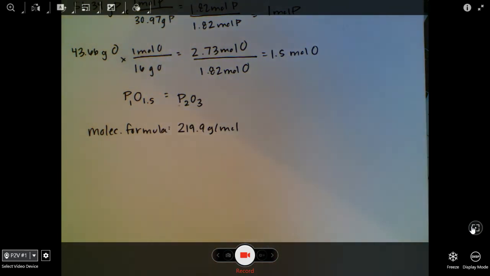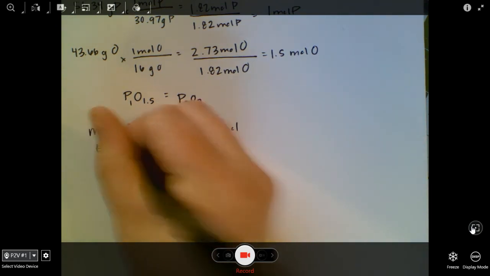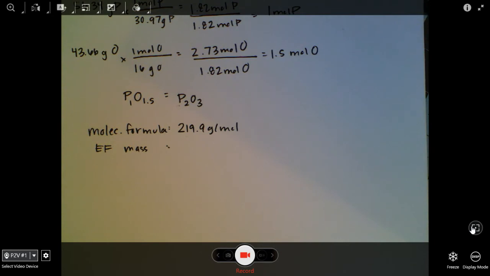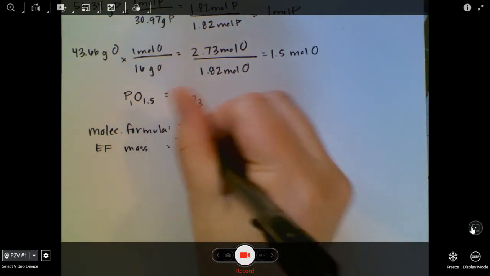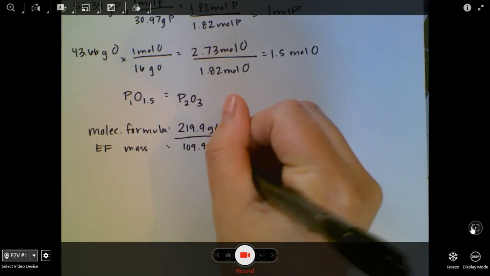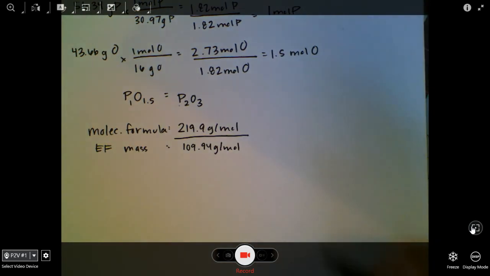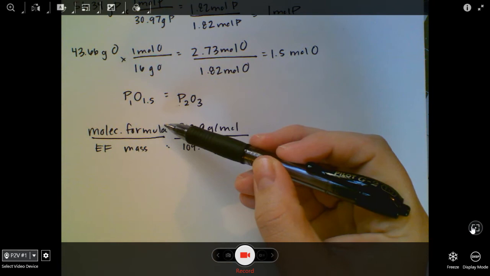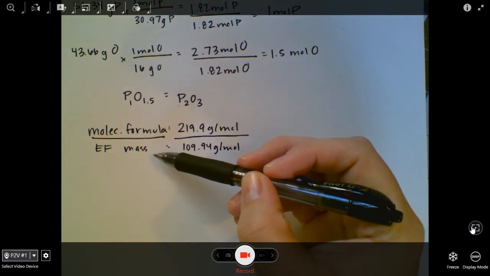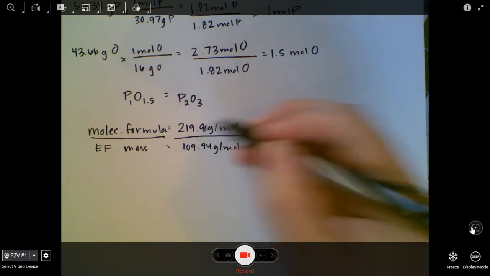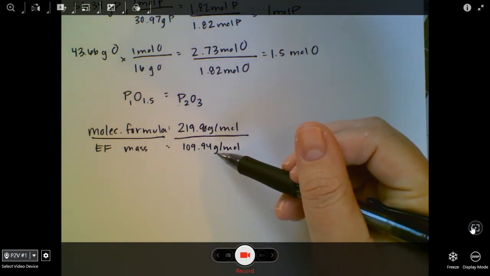So what we want to do is set up a ratio where we figure out the ratio of this mass to how much this formula makes. So I need to figure out my empirical formula's mass. I'm going to do that by figuring out the mass of 2 phosphoruses and 3 oxygens. And when I add that up, I get 109.94 grams per mole. So now I'm going to do a ratio of the molecular formula's molar mass divided by the empirical formula's molar mass. It's going to be 219.9 divided by 109.94.